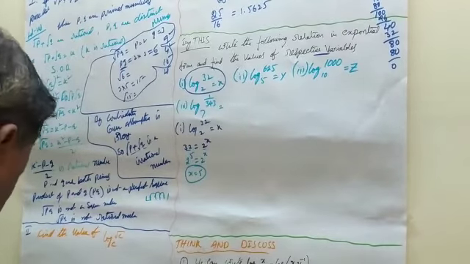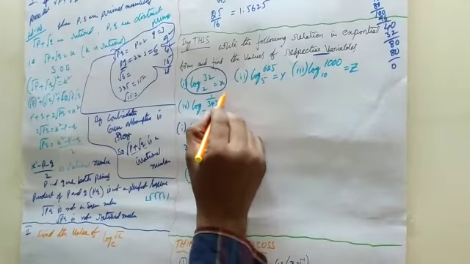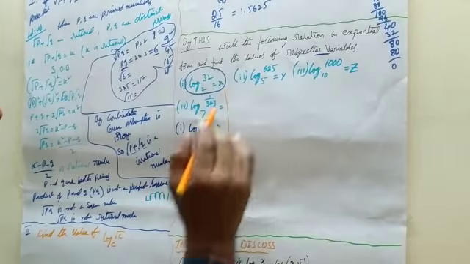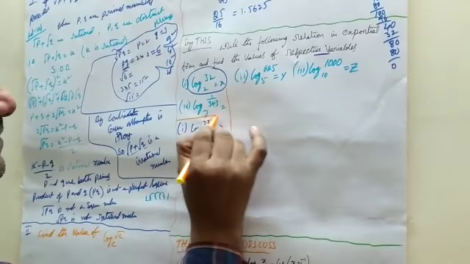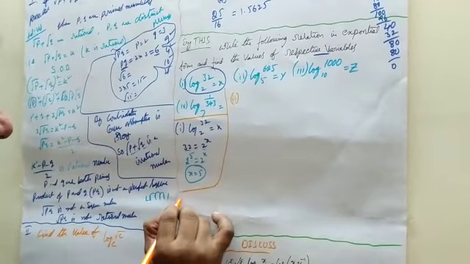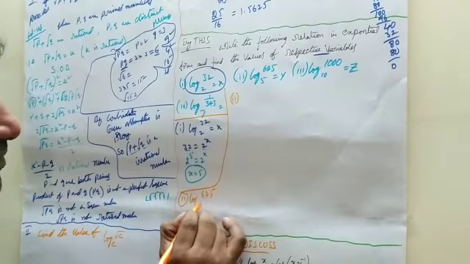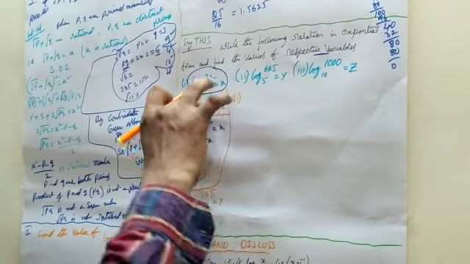Now go to the second one: log 625 base 5 is equal to y.